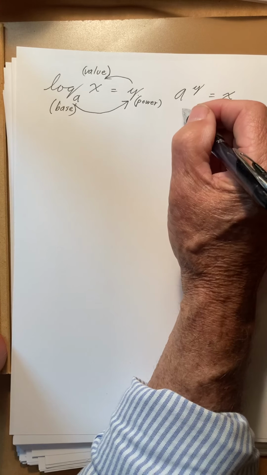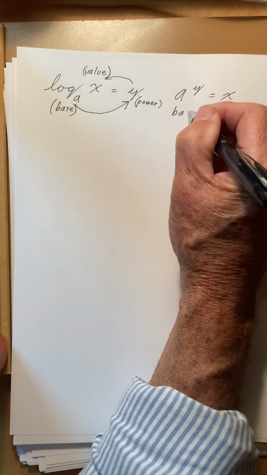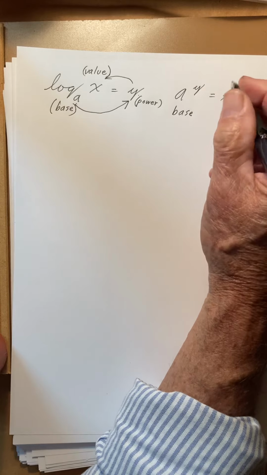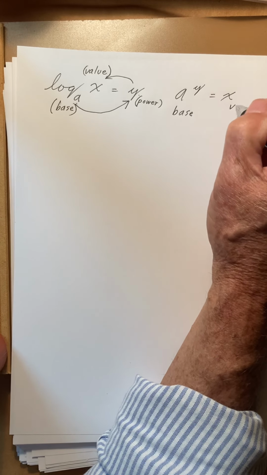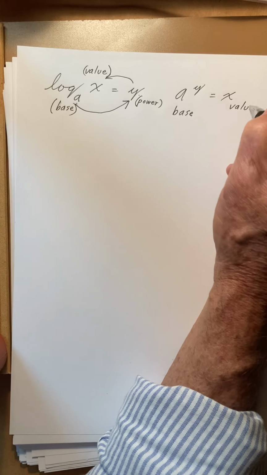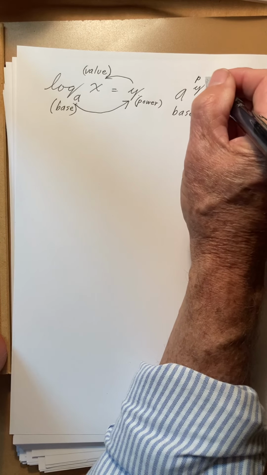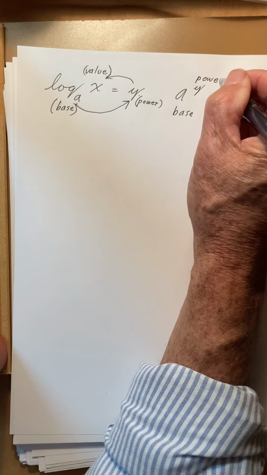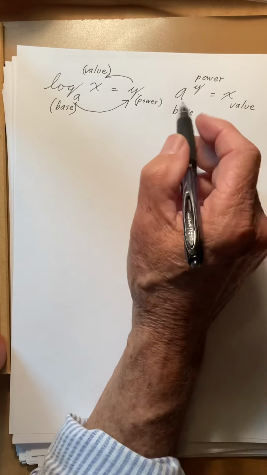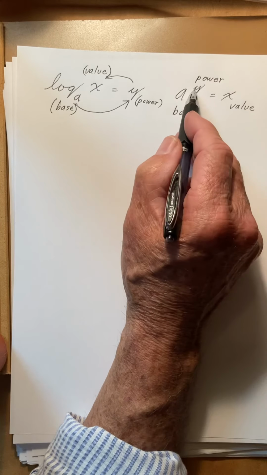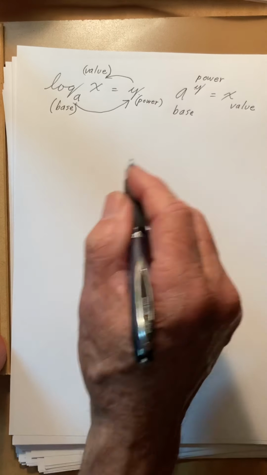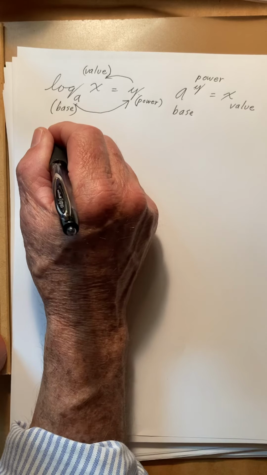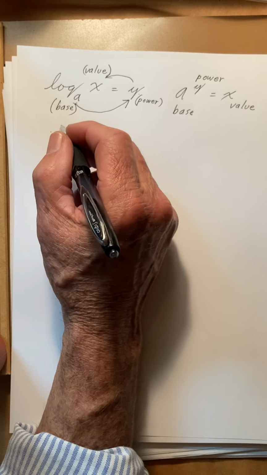So over here we can do the same thing. This is the base, this is the value, and this is the power. So this base raised to this power gives you this value.